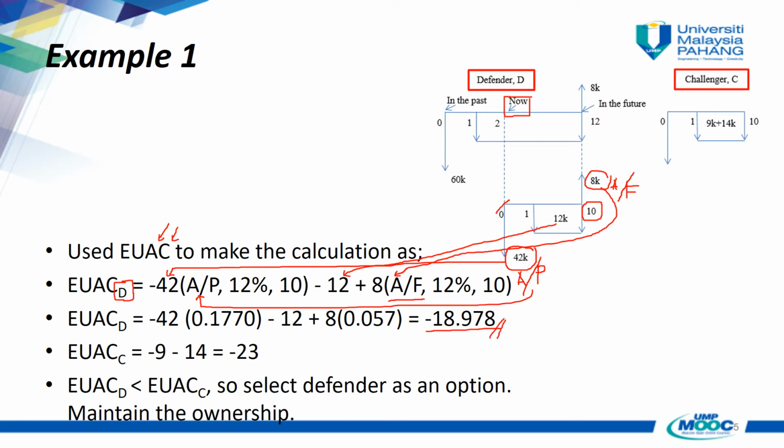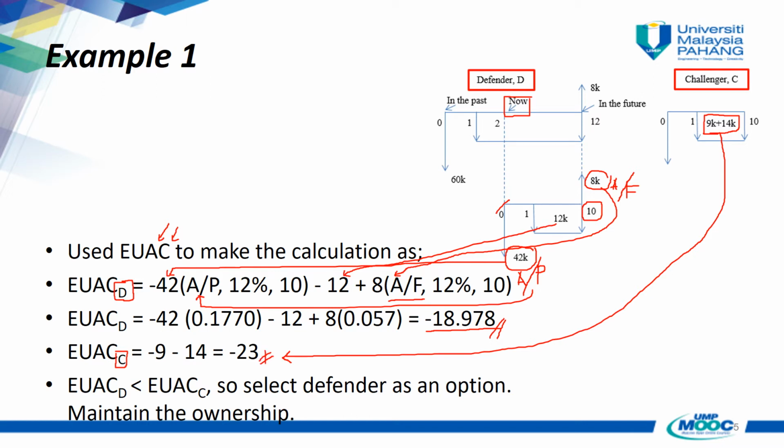And then after that, we calculate the challenger value. The challenger value is already in the form of A, so there is no need to convert it. So we take this value as our EUAC of C: minus 9 deduct minus 14, so we get in total minus 23.